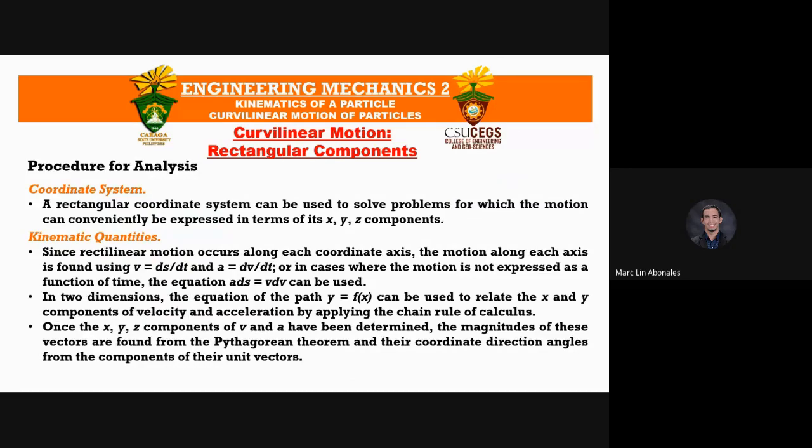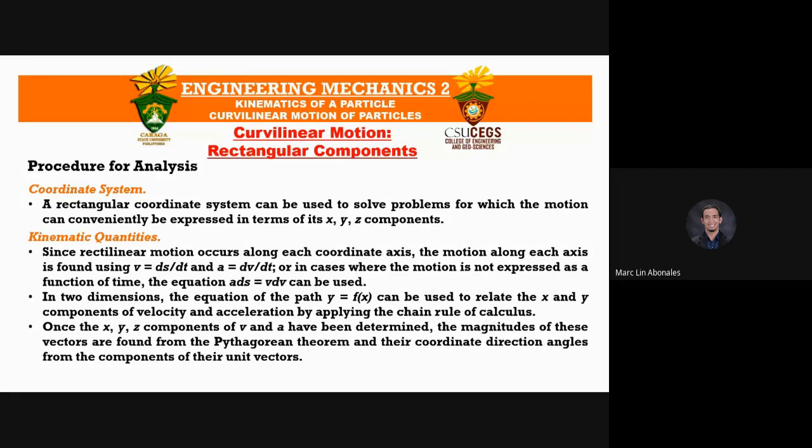So just a procedure for analysis. What you will do when you use rectangular components, you describe the coordinate system. A rectangular coordinate system can be used to solve problems for which the motion can conveniently be expressed in terms of its xyz components. And afterwards, you apply the kinematic equations.